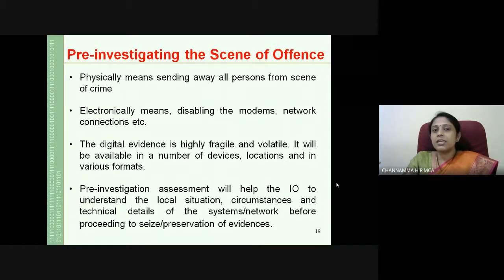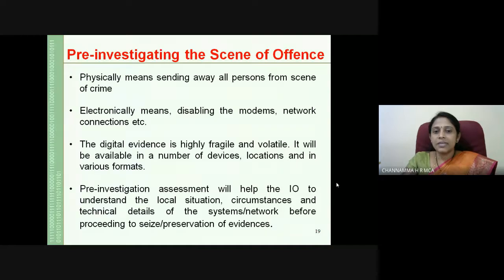And digital evidence is highly fragile and volatile. It will be available in a number of devices, locations, and in various formats. I have shown you the set of digital devices, and all those devices do not store the data in the same format. That is another challenge. Such data in different formats has to be analyzed properly for digital evidence.